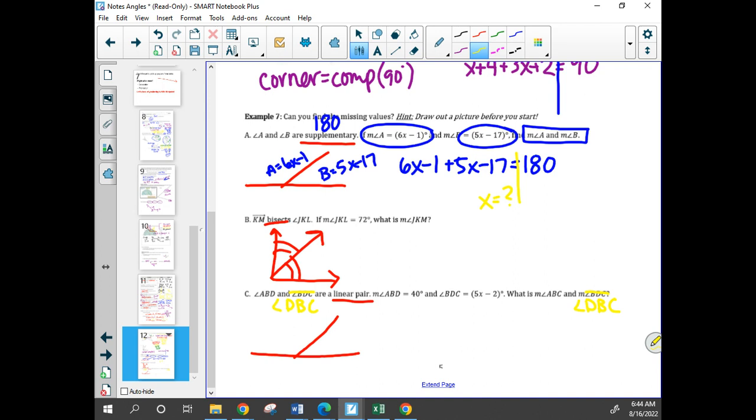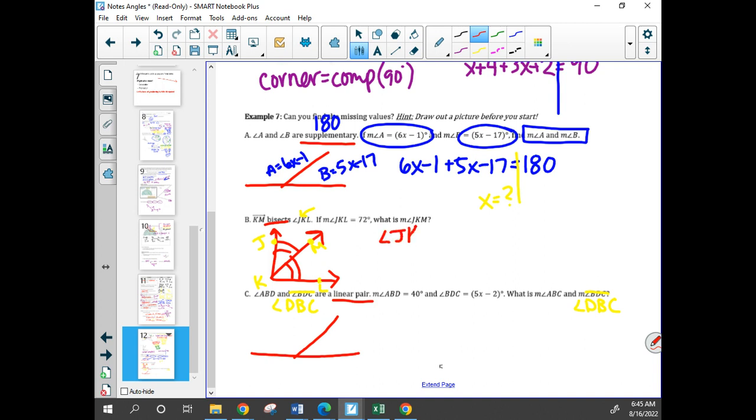For B, it says we have ray KM is bisecting angle JKL. So again, connecting the dots, K should be your vertex. They say that angle JKL, the whole angle, is 72. So if we are bisecting it or cutting it in half, we just do a nice little division problem.